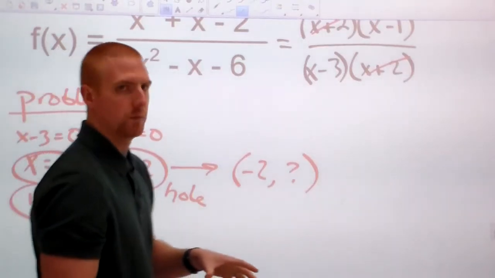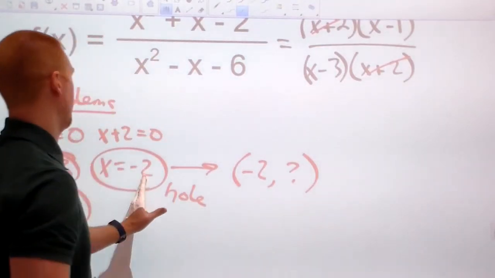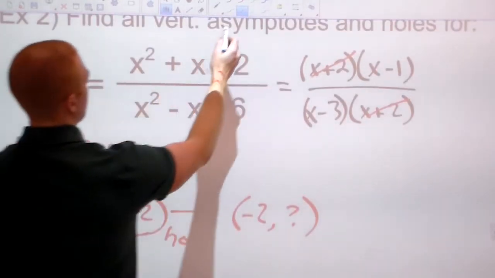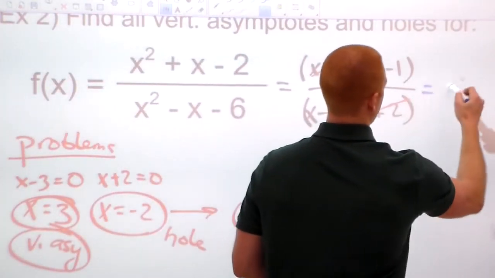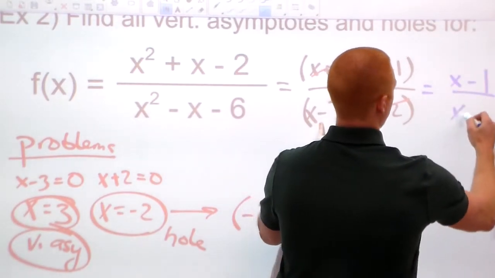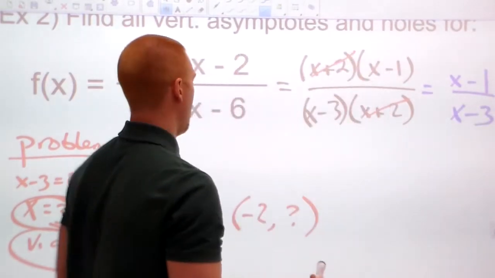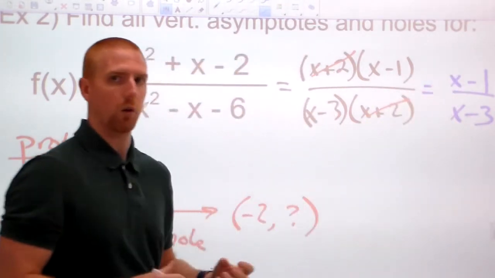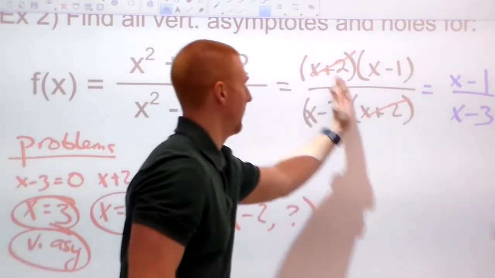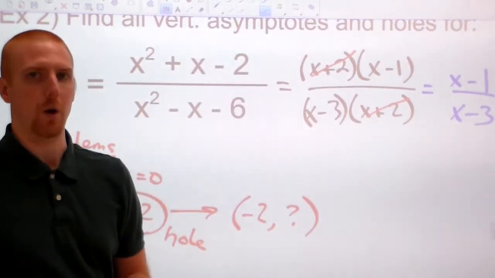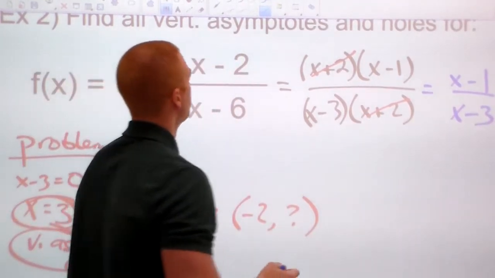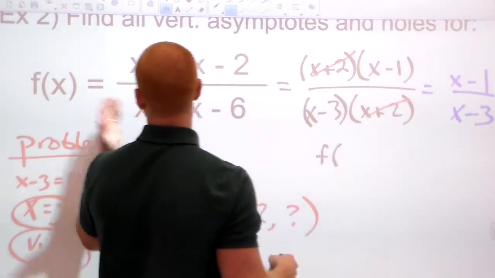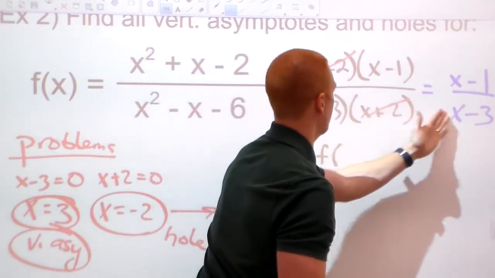So algebraically, the way you're going to find that, we know that at negative 2 we have a hole. So if this is the new function here, a reduced version of it, x minus 1 over x minus 3, then really all I need to do is plug in negative 2 in this reduced version that no longer has the hole in it because it's been divided out. And that's going to tell me my y value for where the hole is. So let's rewrite this. Our new function, it's really the same function, it's been reduced down a little bit.